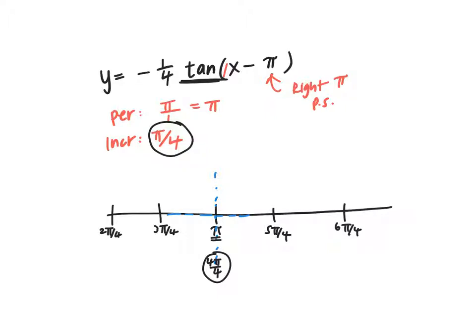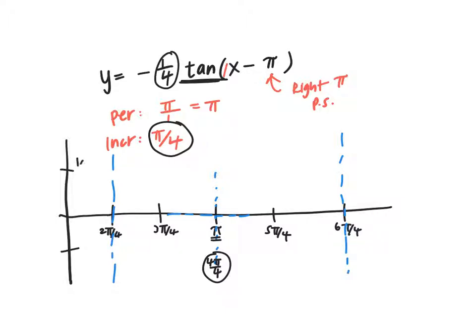Remember, our ends have my vertical asymptote here. And let's see. 2 pi over 4 is still a positive value, so I'm going to go ahead and just stick my y-axis over here because I know it's to the left. None of these are negative, so it wouldn't be between any two of our tick marks. And the a value that I have is 1/4, so I'm going to have positive 1/4 here and negative 1/4 here.